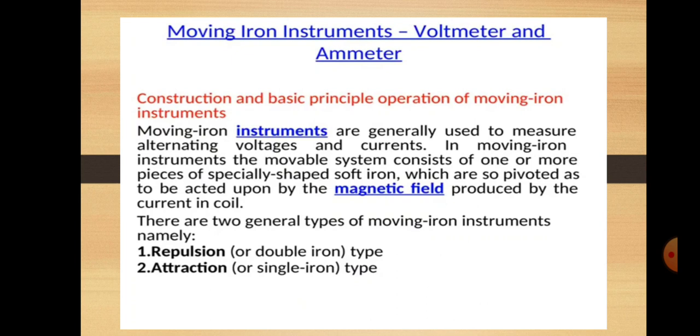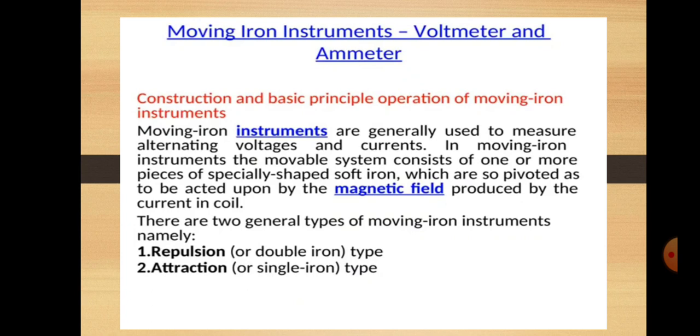When we use this moving iron instrument, these instruments work basically on two types. One is the repulsion type and the second is the attraction type. We will see these two types of MI instruments in detail. The repulsion type is also called double iron and the attraction type is called single iron.